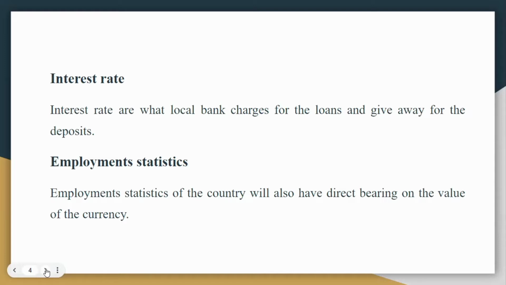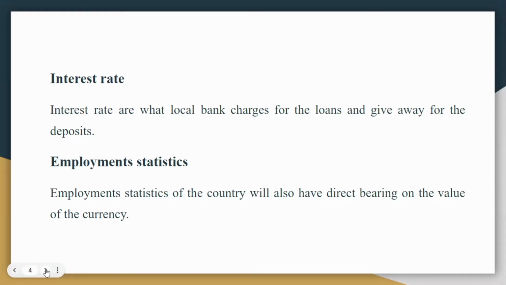Employment statistics. Employment statistics of the country will also have a direct bearing on the value of the currency. Employment contributes to the economy in two ways. Firstly, it gives people buying power, as more salary is distributed to the crowd. The other way is that people will buy different goods and services, thereby contributing to the growth of the economy.